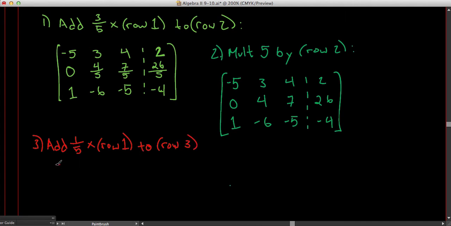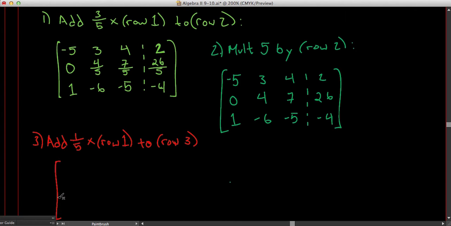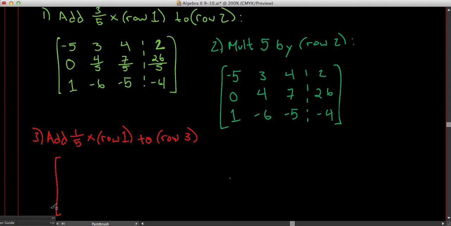And then I will be left with, move down a little bit, the same thing in the first and second rows, -5, 3, 4, and 2, 0, 4, 7, and 26. And then our last row will now become 0.